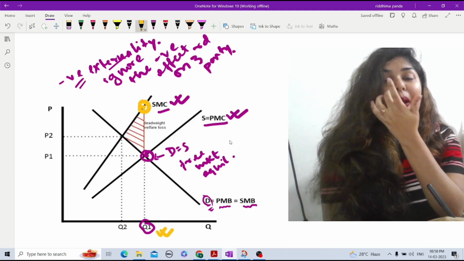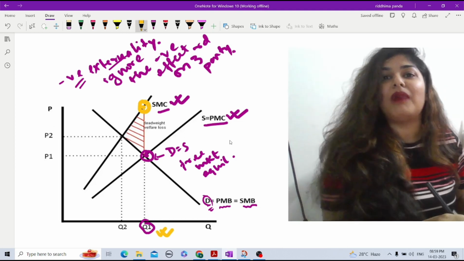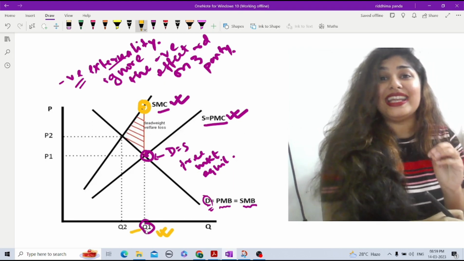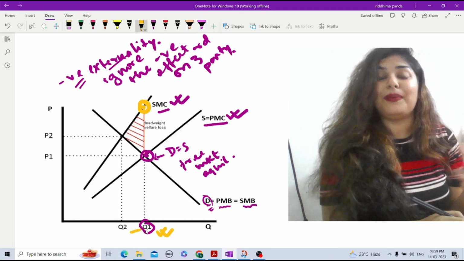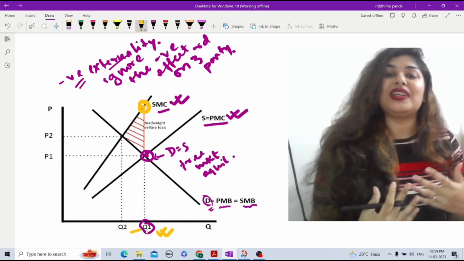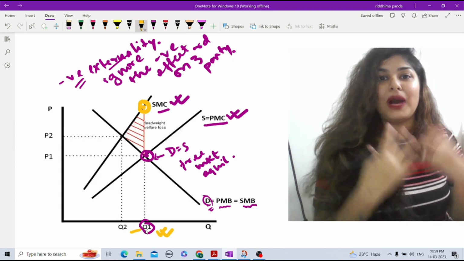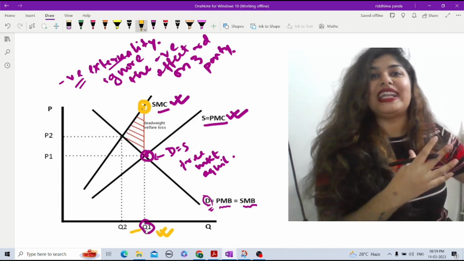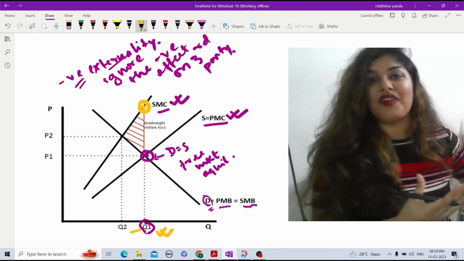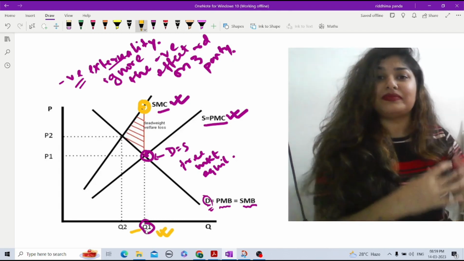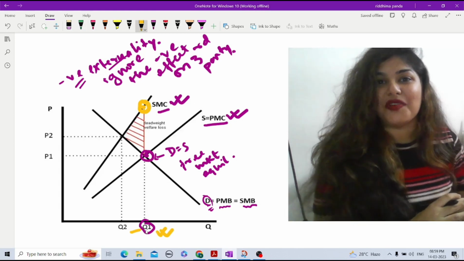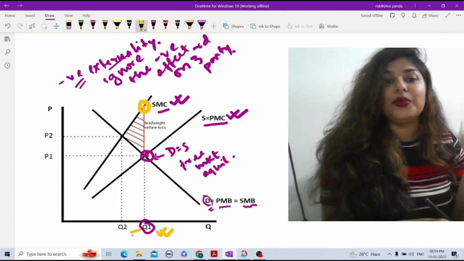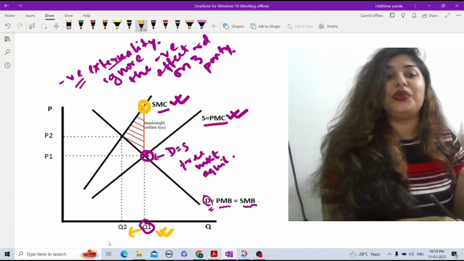What is the correct or perfect amount? If the production reduces, if I start taking care of the environment and the pollution, then as an industrialist, apart from my own profit, I will also take care of the pollution that I am infusing in the environment, the damage that I am creating. So I have to control it. So I can reduce my production from Q1 to Q2.